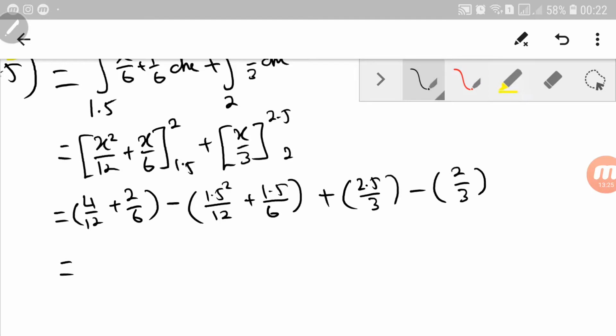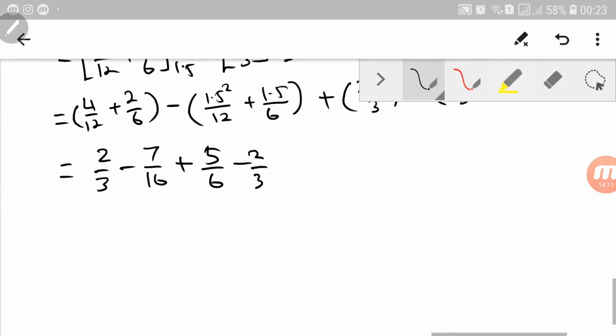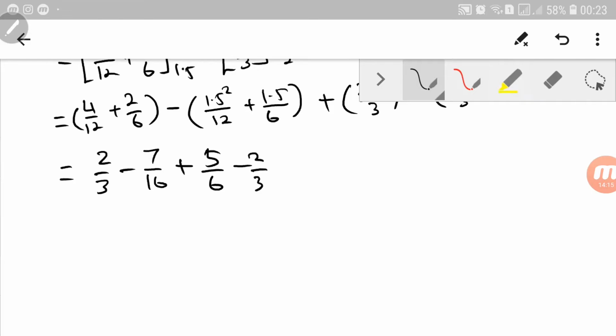Let's get the values. 5/6 minus 2/3, so the 2/3 terms cancel, leaving 5/6 minus 7/16, because these two become 0.